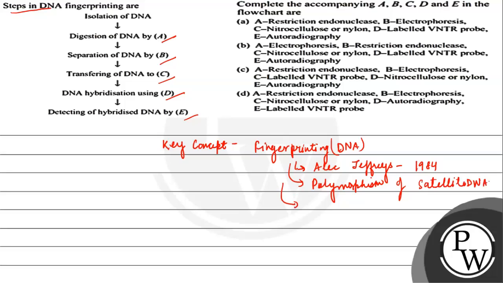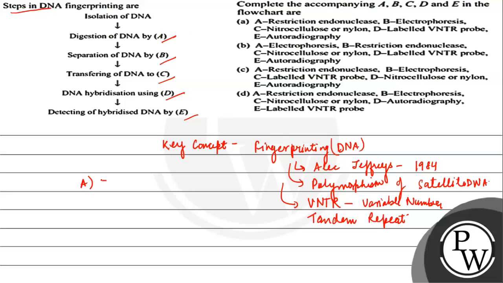Under satellite DNA, in DNA fingerprinting, we study the patterns of VNTR, which is variable number tandem repeat. Apart from that, the process of DNA fingerprinting involves isolation of DNA from the genome, then digestion of DNA by restriction endonuclease.